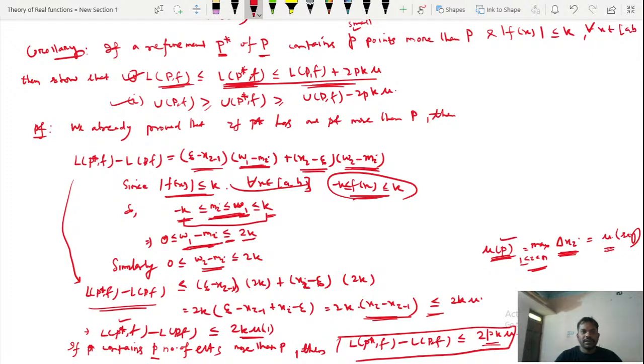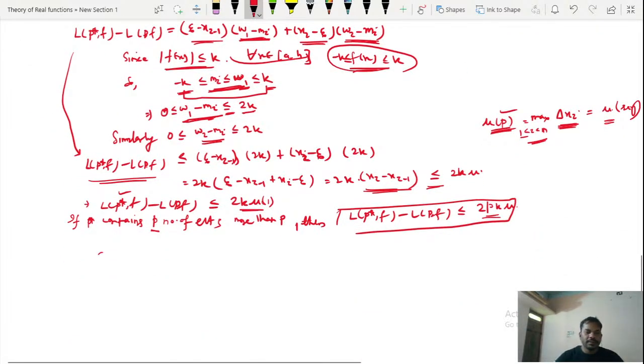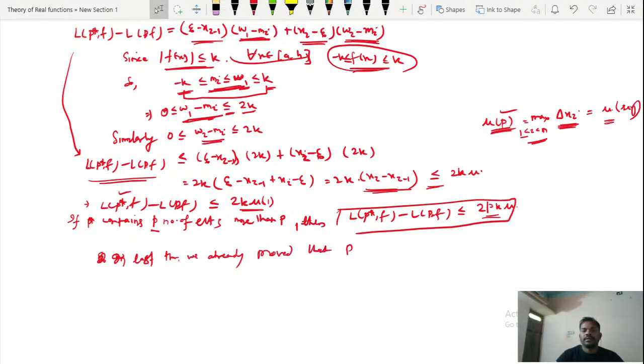And in the last theorem, we already proved that LPF is less than or equal to L P star f.